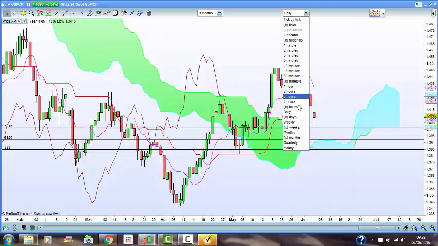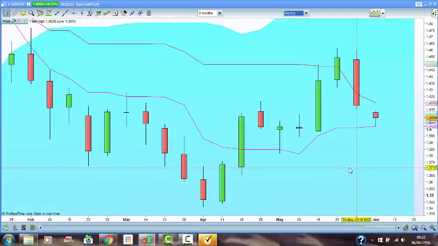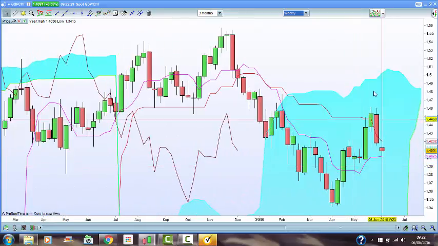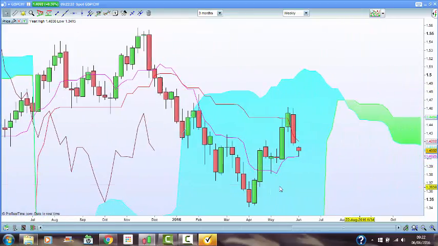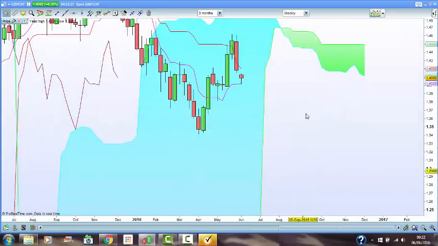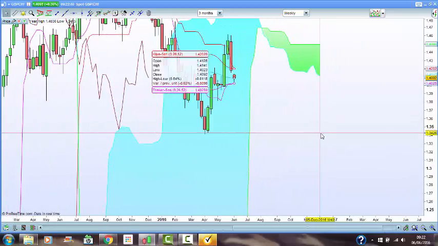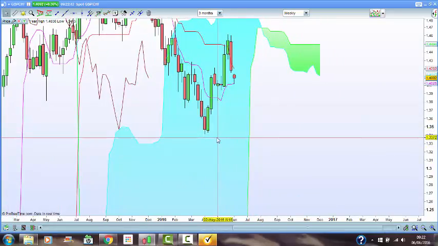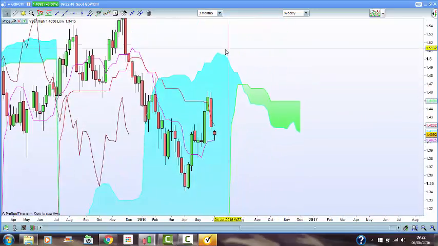Okay. Looking at the weekly cloud, we can see we're in the cloud, with significant resistance at the top end of the cloud here. But the front end of the cloud still indicates that we have a downtrend in place. So it is possible for us to really move back down to the bottom end here at 134 and retest those lows. But the weekly cloud, top end of the cloud resistance here, 148, 150.